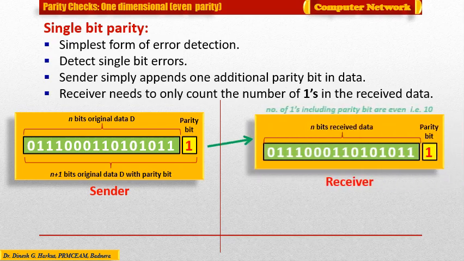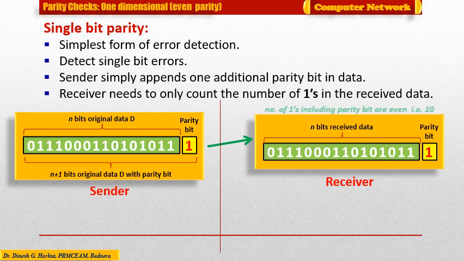At the receiving end, the receiver needs to simply count the number of ones in the data that includes the parity bit, that is n plus 1 bits. Here the receiver counts the number of ones: 1, 2, 3, 4, 5, 6, 7, 8, 9 and 10.